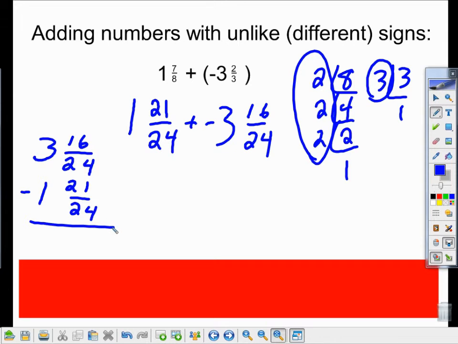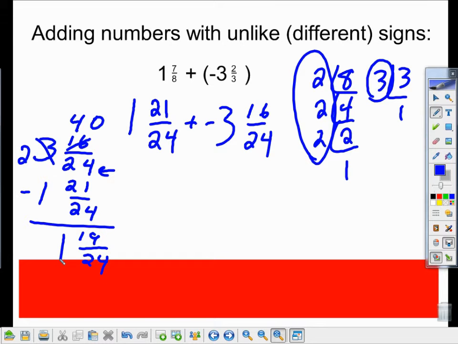In order to solve this, we are going to borrow from the 3, break it into 24 pieces, and add it to this 16. This 16 will become 40. That's because 16 minus 21 does not work, so we need to buff up that numerator. 40 minus 21 is going to be 19 24ths.